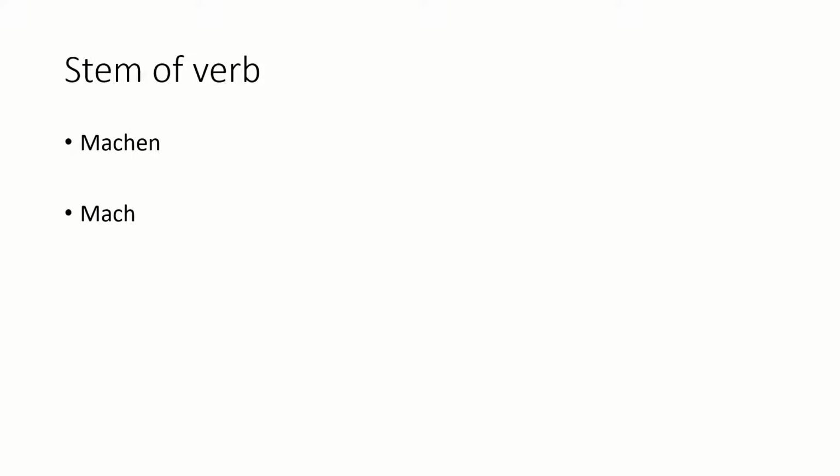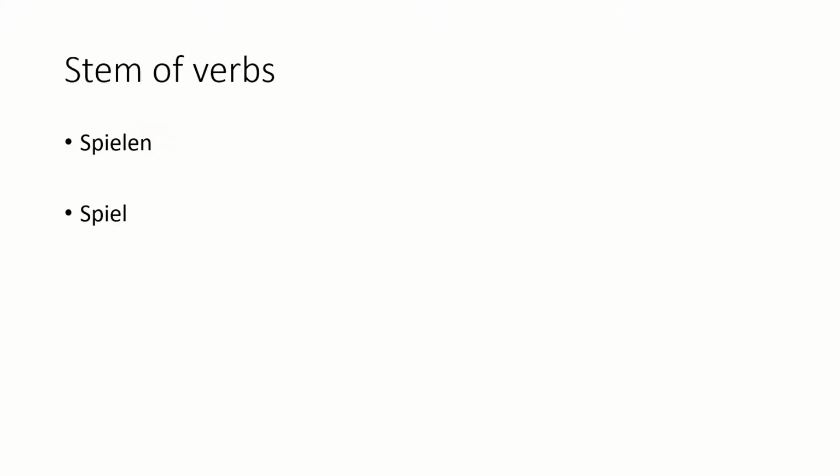So each verb has a stem. For machen, all you have to do is take out the en, and then you have the stem, which is mach. On most verbs, there's either an en or a t at the end. All you have to do is get rid of the en, and then you get the stem.